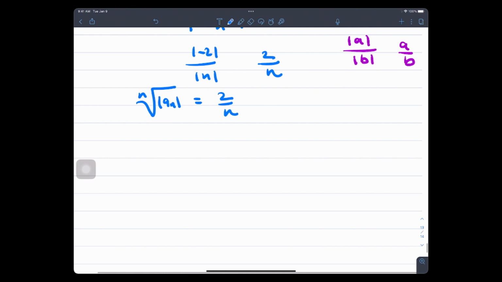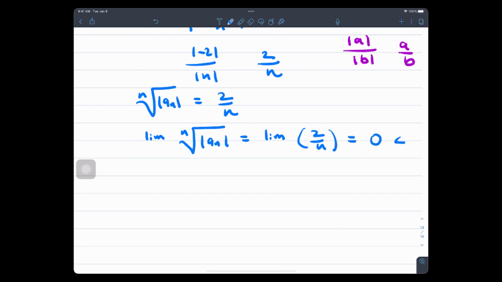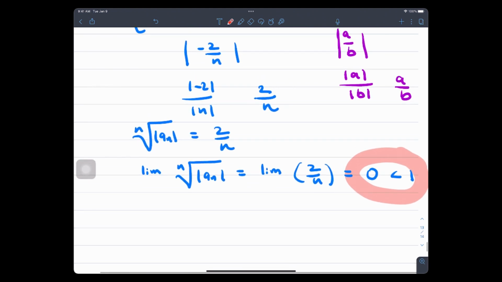So you said, what happens if I have to take that limit? Well, the limit of the nth root of this is the limit of 2 over n. Do you guys know that's 0? Which is smaller than 1? It's finite. 0, it's smaller than 1. Therefore, what do we have again, ladies and gentlemen?